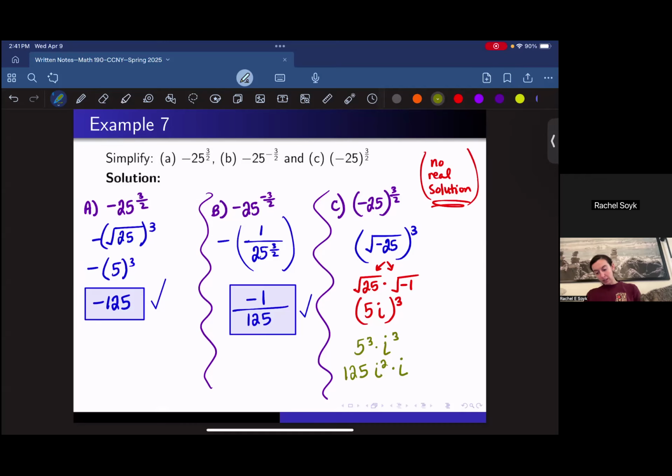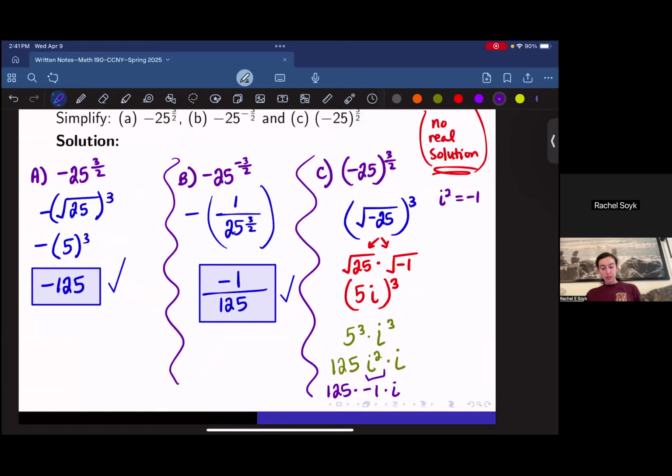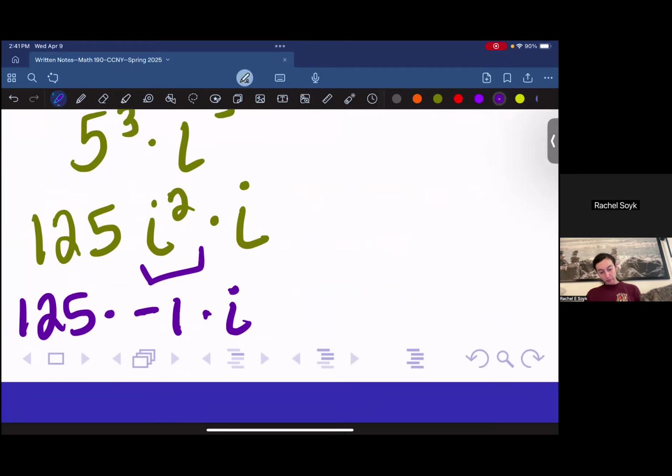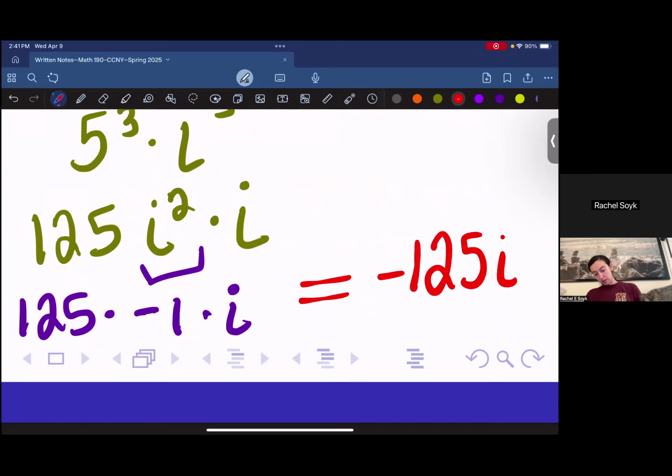And we know that i to the second is just negative 1. So we have a negative 1 times i times 125. So this ends up becoming negative 125i.